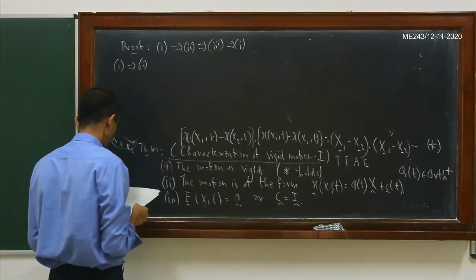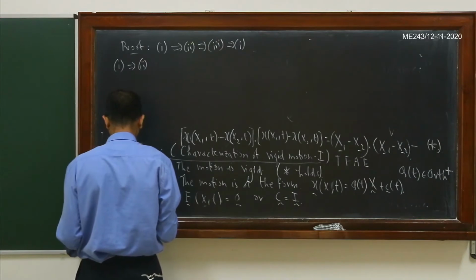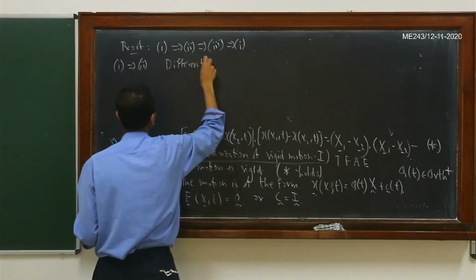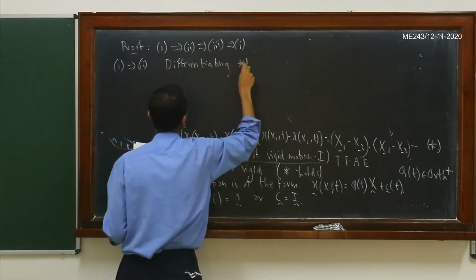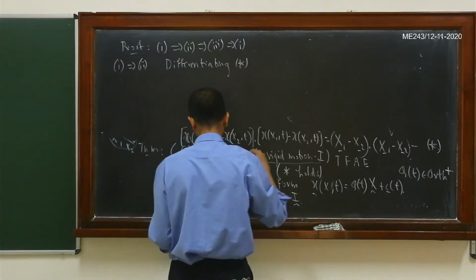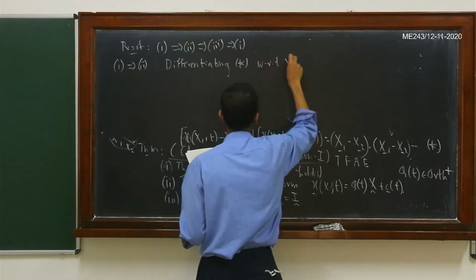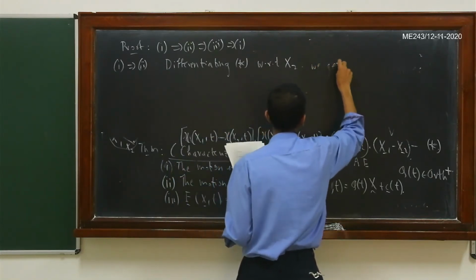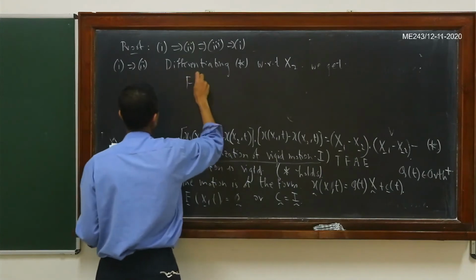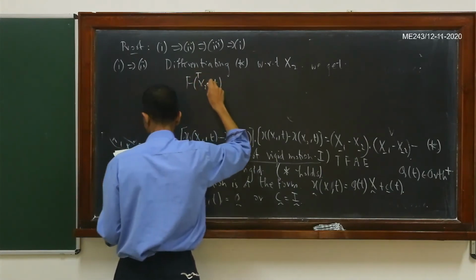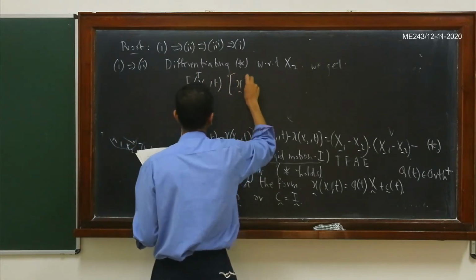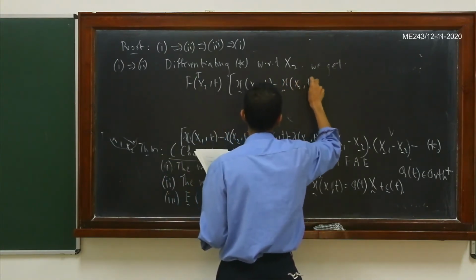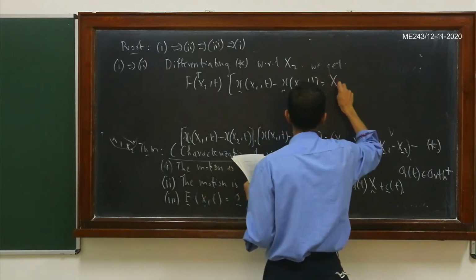Since star holds, differentiating star with respect to x2, we get F of x2 comma t transpose times chi of x1 comma t minus chi of x2 comma t is equal to x1 minus x2.